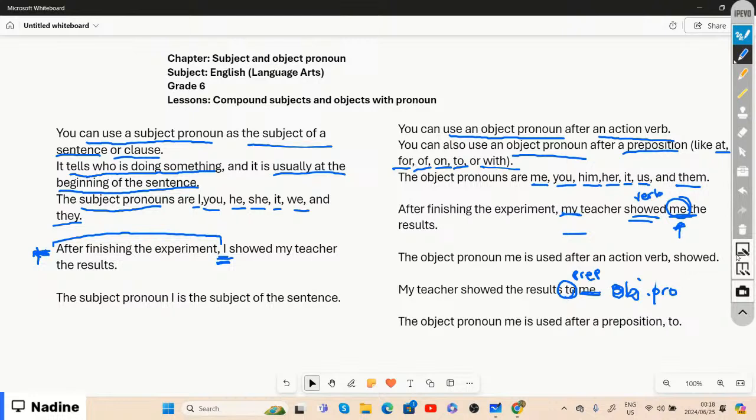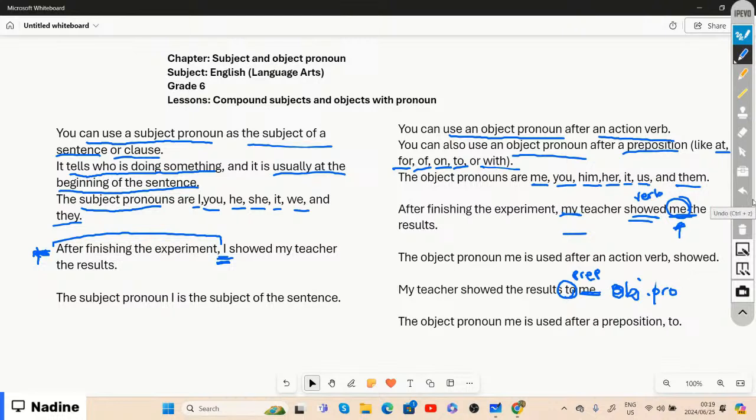Who else cannot hear me? Guys, who else cannot hear me?